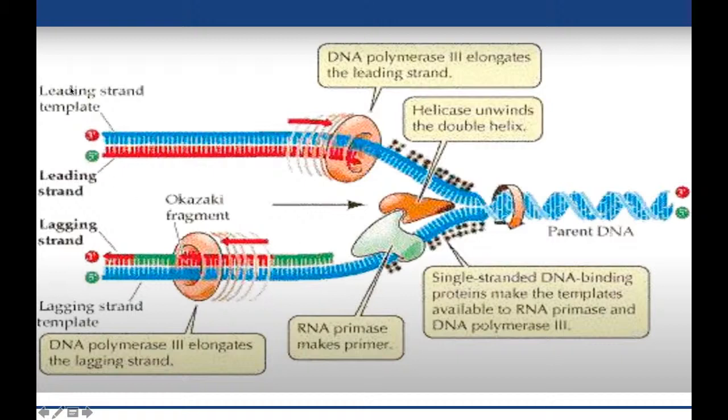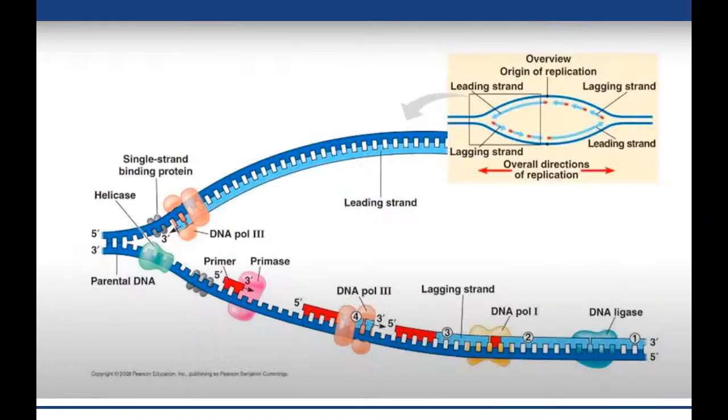Then, as I discussed, there will be a leading strand and a lagging strand. The leading strand will start from 5 prime to 3 prime with the help of DNA polymerase 3, producing the corresponding template. Whereas in the lagging strand, DNA polymerase 3 elongates the strand, but sometimes it will not be completely full. It will start giving you Okazaki fragments, which will be filled with the help of the DNA ligase enzyme.